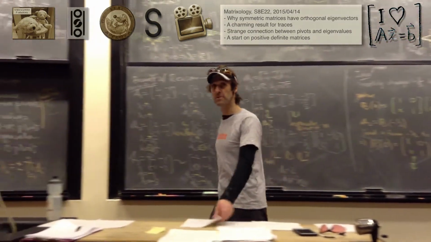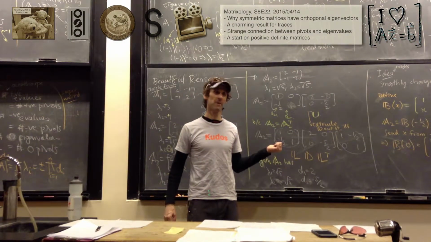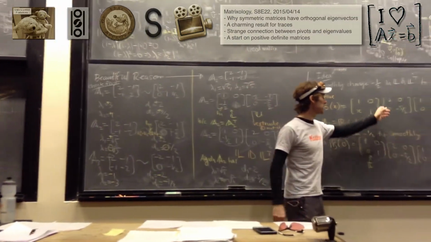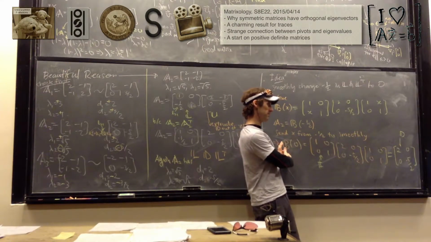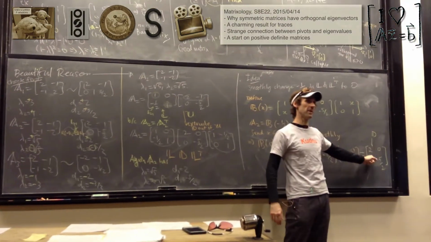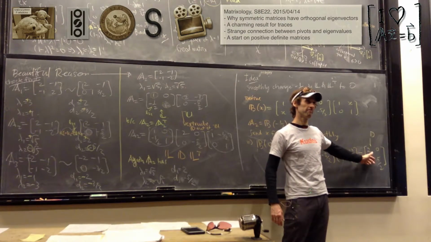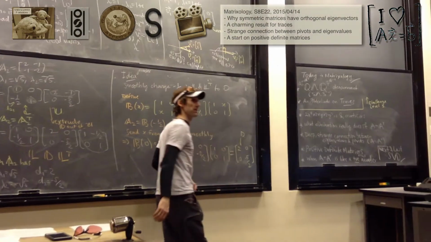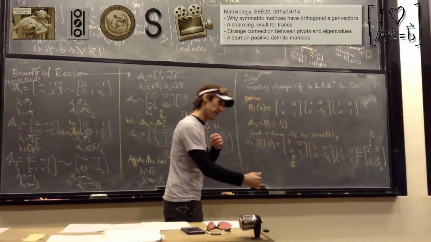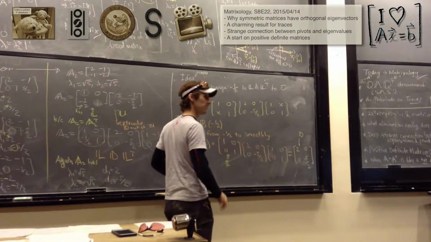So what are the pivots of this new matrix? The pivots here were 2 and minus 5 halves. The pivots of this matrix, the same. What are the eigenvalues of this matrix? Yes, because when you have diagonal matrices, the eigenvalues are just sitting there. So for a diagonal matrix, the pivots are sitting there, and the eigenvalues are the same.